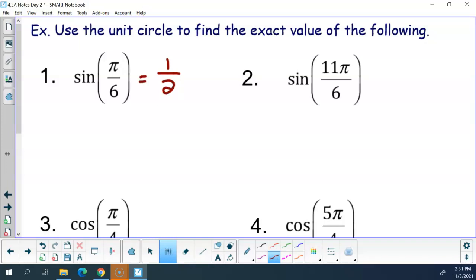We went to pi over 6 on our unit circle, which is right here, and we went to the sine value, which is the Y value of the coordinates of that particular point. So that's this one. Now 11 pi over 6, the sine of 11 pi over 6. Negative 1/2, do we agree?